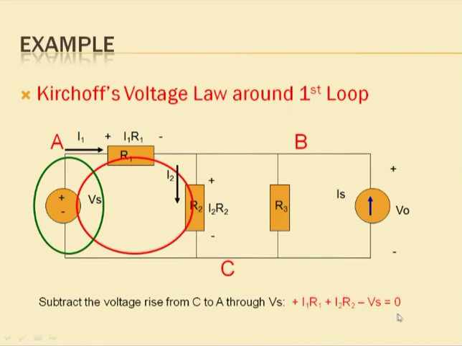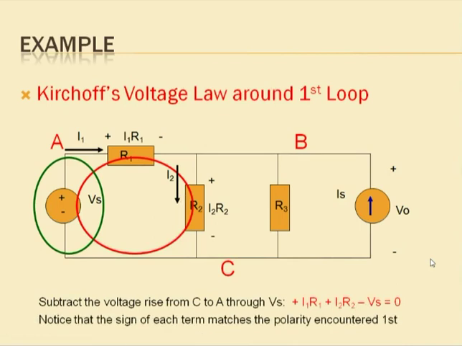That's why minus Vs is equal to 0. Kirchhoff's voltage law states that the algebraic summation of all the voltages around any closed path should be equal to 0. Here we have 3 voltages, so their algebraic summation will be equal to 0. We have got 2 positive voltages and 1 negative voltage.